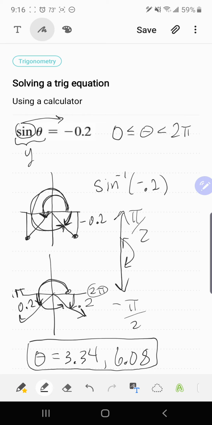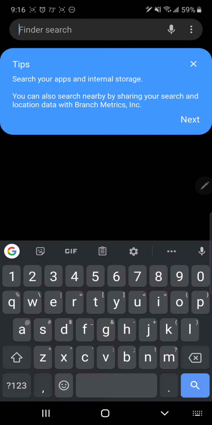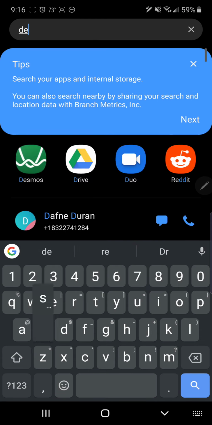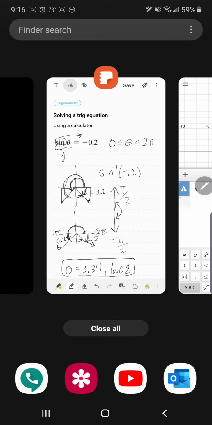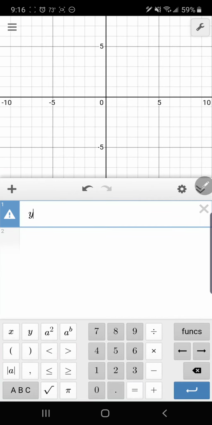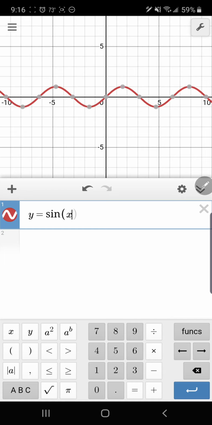Now, I'm going to prove it. So what we're going to do is we're going to check this solution using DESMOS. So if we go here and we open DESMOS, what I can do is I can graph the equation y equals, let's see, what was the trig function? Sine theta, or in this case y equals sine x.